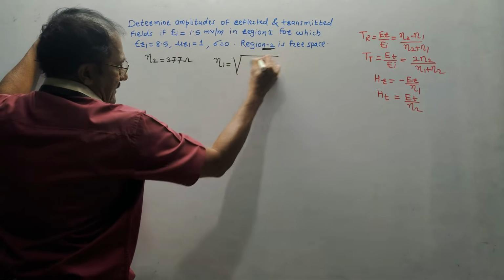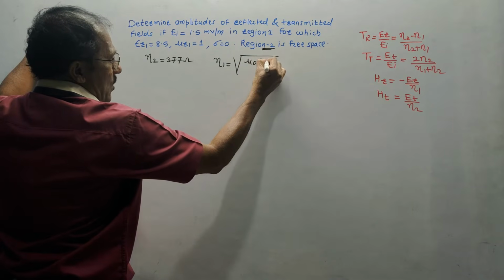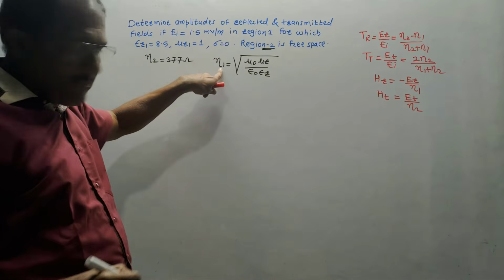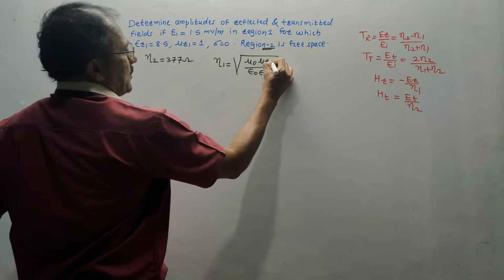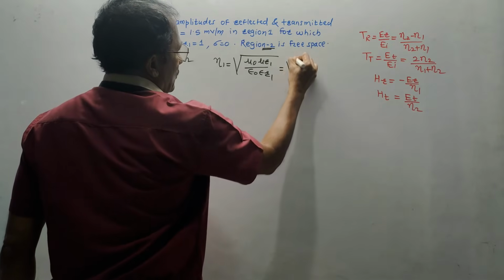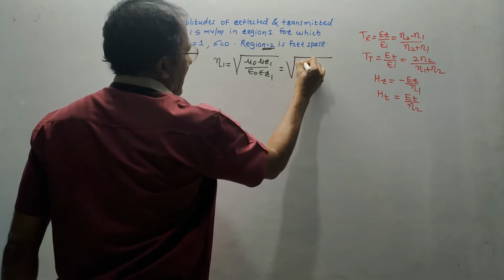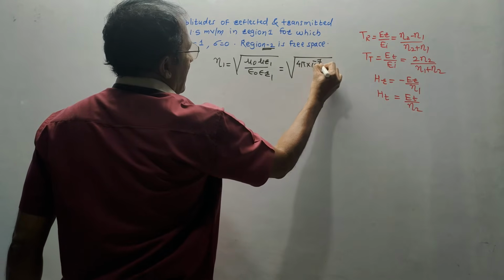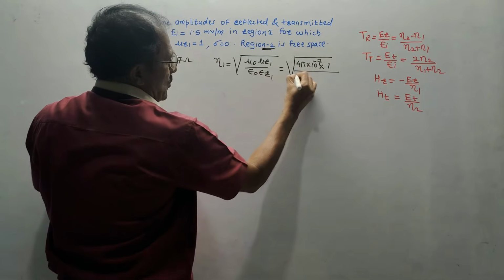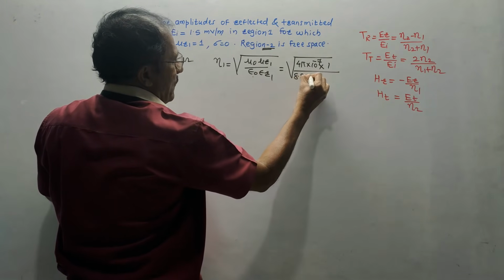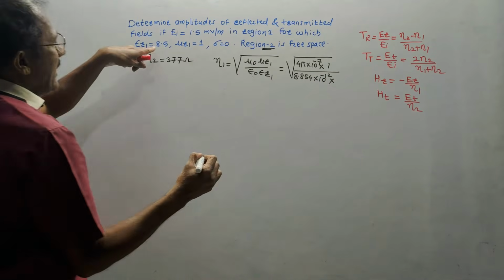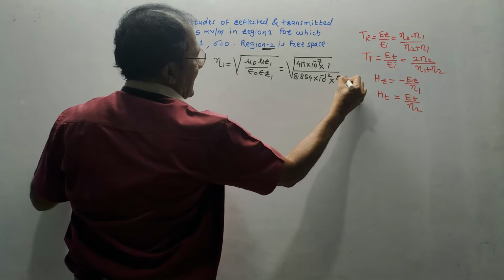Basic formula is square root of mu 0 mu r upon epsilon 0 epsilon r. Naturally I am doing it for medium 1, so it is mu 0 mu r 1 upon epsilon 0 epsilon r 1. Simply put the values. Value of mu 0 is 4 pi into 10 raised to minus 7 into mu r 1, which is given in the question, divided by epsilon 0, which is 8.854 into 10 raised to minus 12, into epsilon r1, which is 8.5, again given in the question.